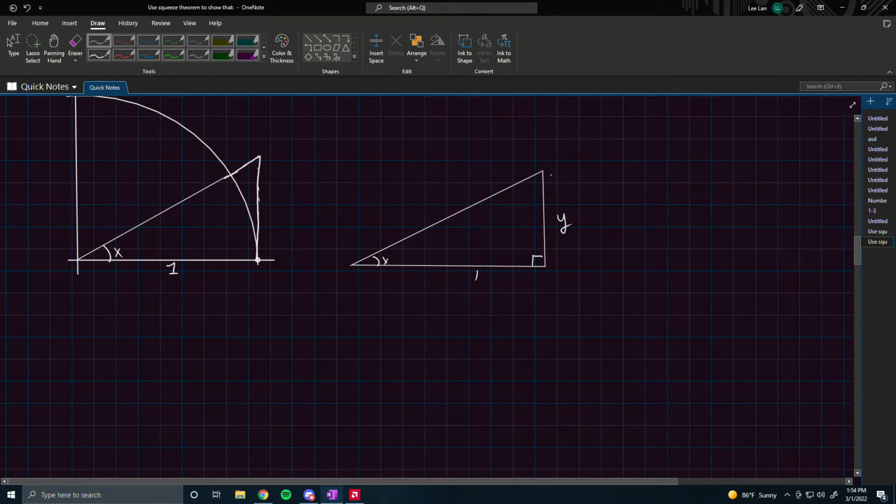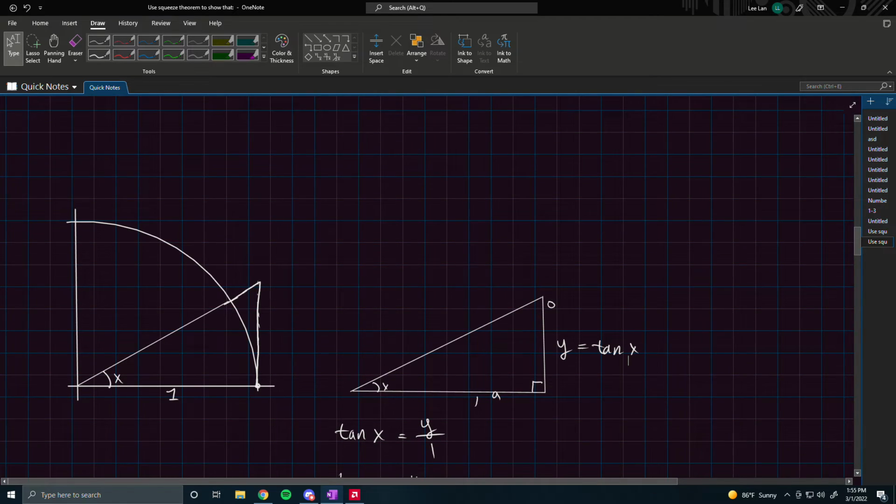This is the opposite side, and this is the adjacent side. So what we need is tangent, TOA. Tangent x is equal to the opposite, which is y, over the adjacent 1. So tangent x is just y.